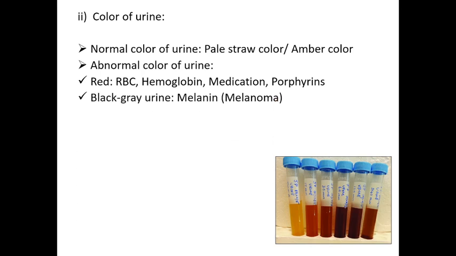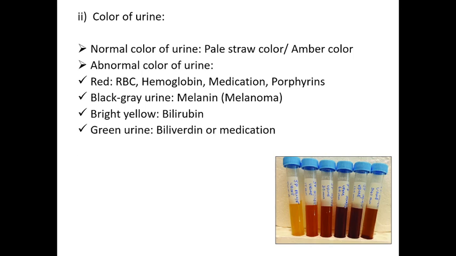Then the urine can become black-gray in color due to the presence of melanin in a condition known as melanoma. Then the urine will be bright yellow in color when it contains too much bilirubin. It will be green in color due to the presence of biliverdin or due to the effect of certain drugs.